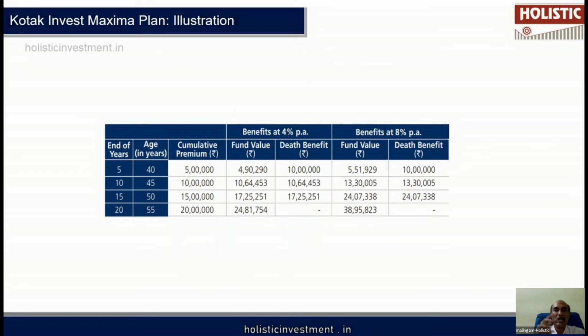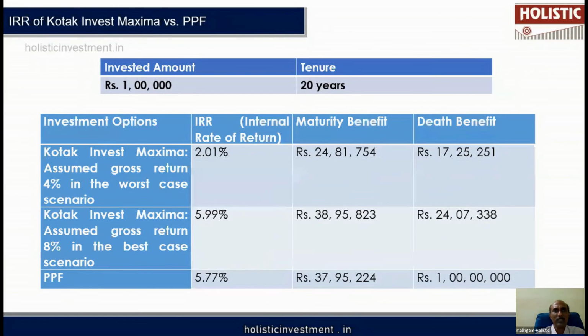Let us try to create an investment combination and see whether, with the same amount of investment, I can get a better benefit. Let us find out. First, I am taking term insurance plus PPF as a combination. Instead of investing the 1 lakh premium in Kotak Invest Maxima, I am taking the same 1 lakh. Some portion of that is diverted to pay the term insurance premium for 1 crore.